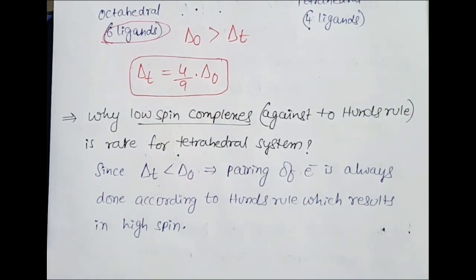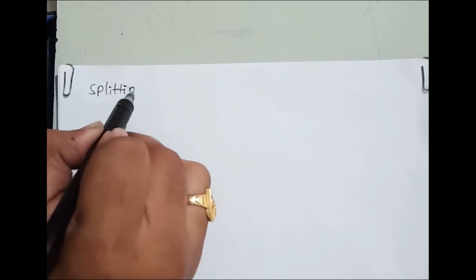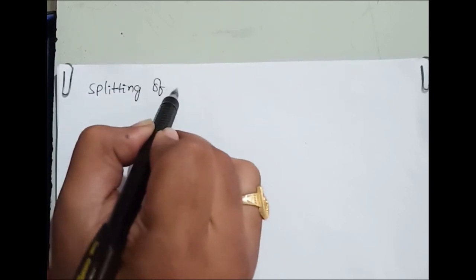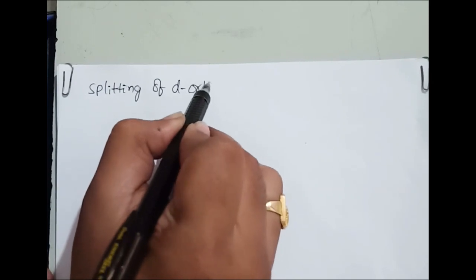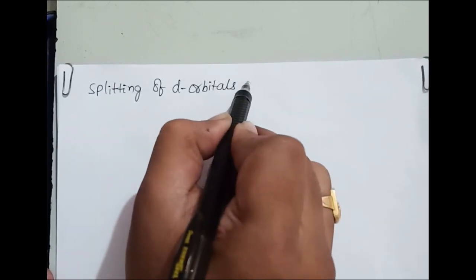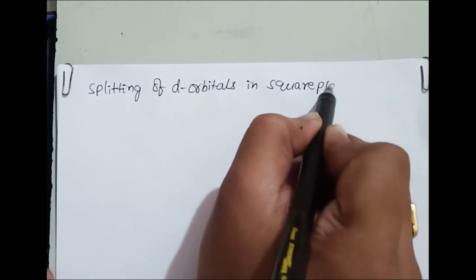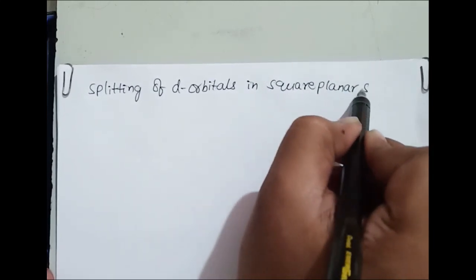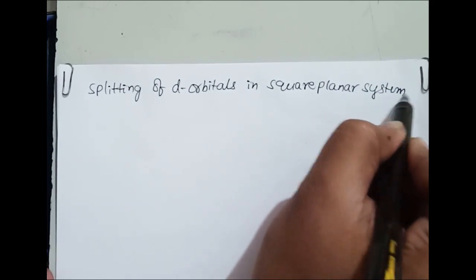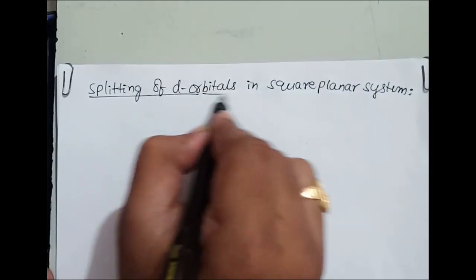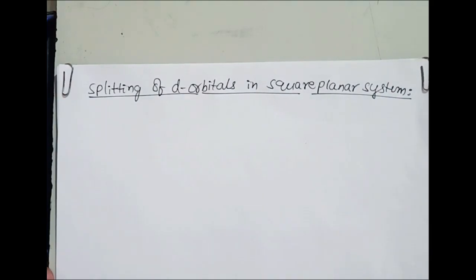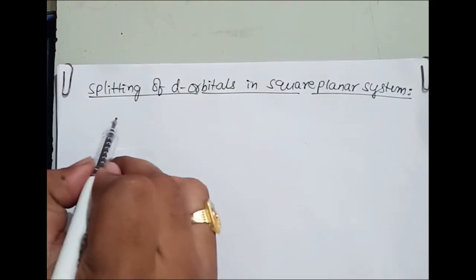It is the splitting of d orbitals in tetrahedral. Now splitting of d orbitals, a little bit extra point. It's not in NCERT. Splitting of d orbitals in square planar system. It is not in NCERT, but it has been asked once or twice. IIT JEE Advanced has asked it one time.